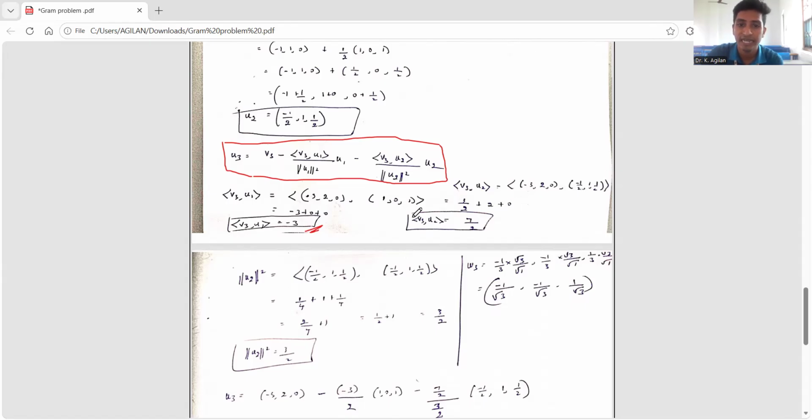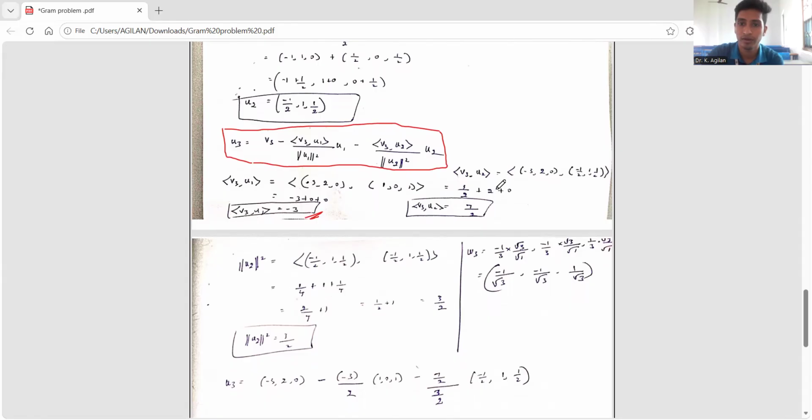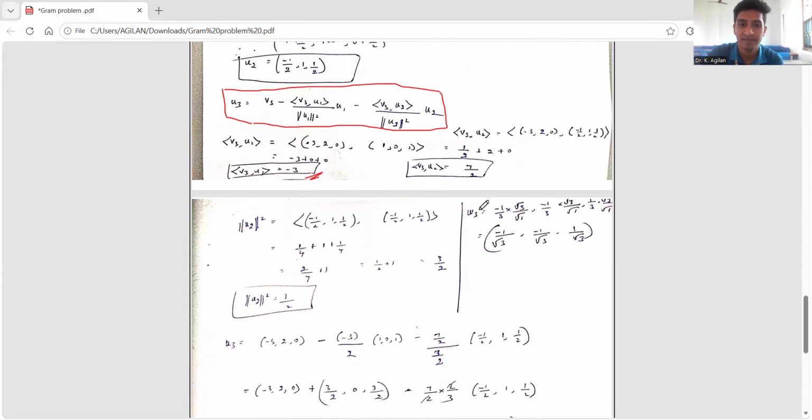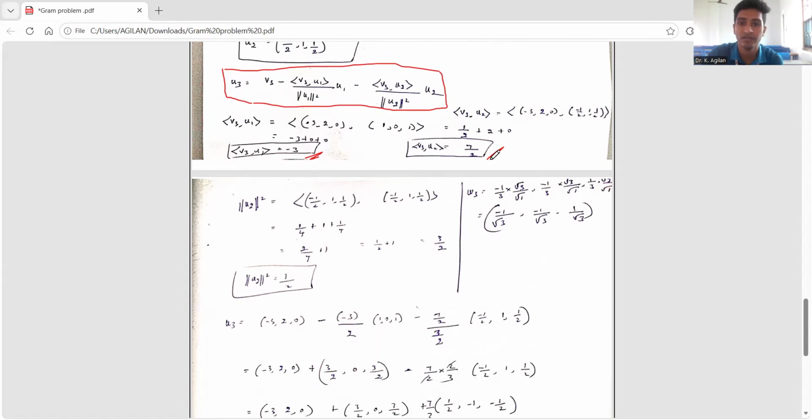So adding these two terms, 3 by 2 plus 2. What will be the answer? 7 by 2. Numerator and denominator should be multiplied by 2: 2 into 2 equals 4, and 4 plus 3 divided by 2 is 7 by 2. So again, we found the value of the inner product of V3, U2.